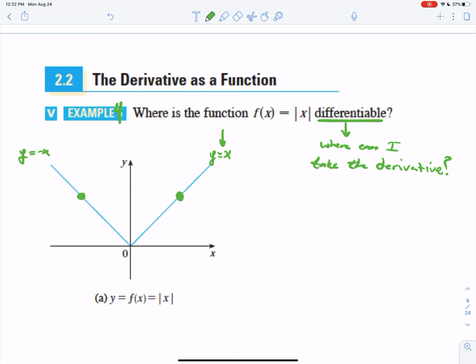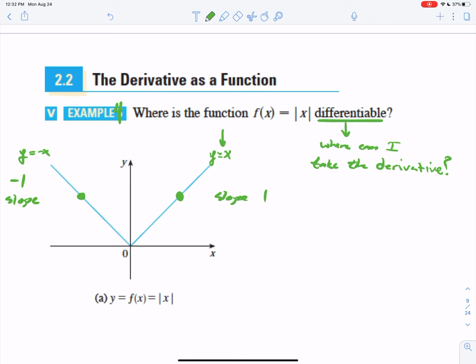So what's the slope of that line? Well, you go down 1, you go over 1. The slope there is going to be negative 1, right? And the slope over here was going to be positive 1. So whenever it's a line, you guys don't have to do calculus to get the slope. You could find faster ways.